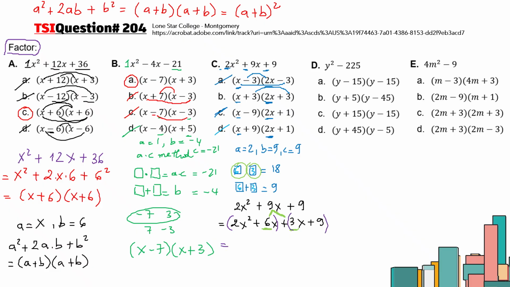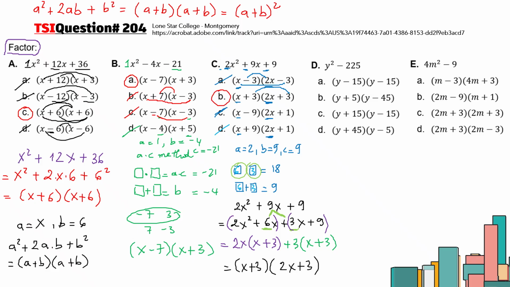I will have 2x in common for the first group, and I am left with x plus 3. For the second group, I will have 3 in common, so left inside is x plus 3. Now I have x plus 3 in common, so I do x plus 3 times 2x plus 3. So B is the correct answer.